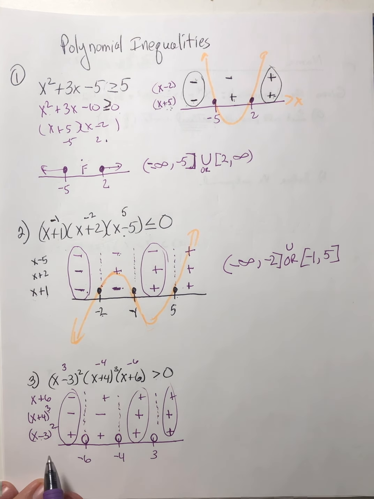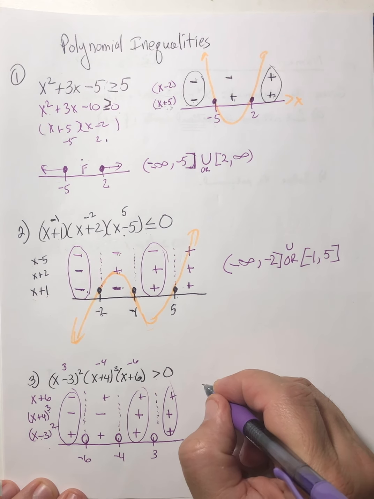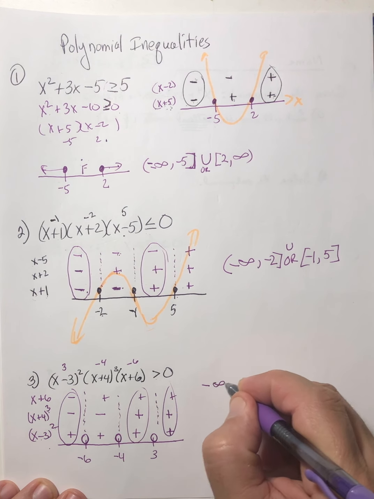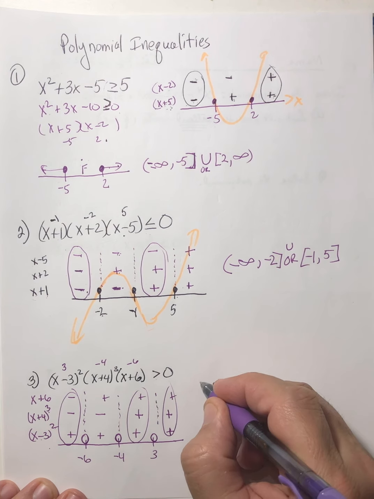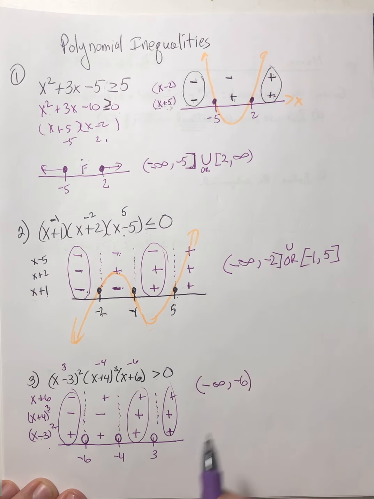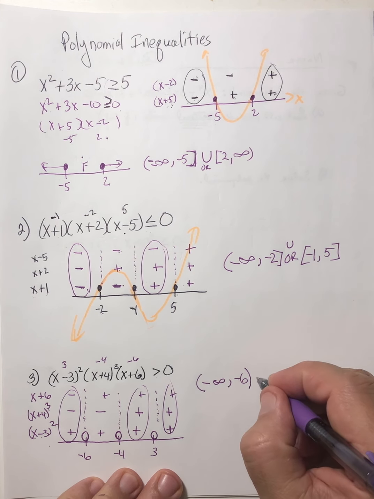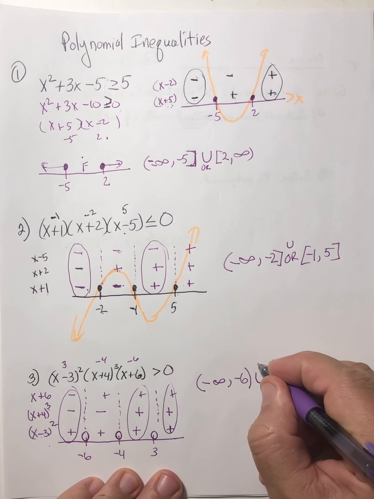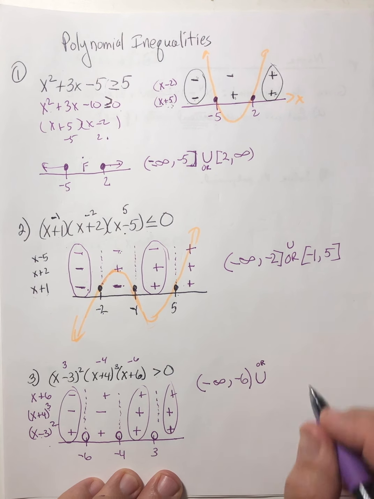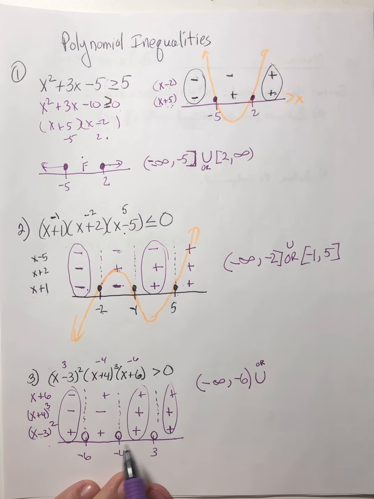So, negative infinity to negative 6, parentheses and a parentheses. We don't include negative 6. Union, or the word or, they're the same thing. Now I can do one of two things.